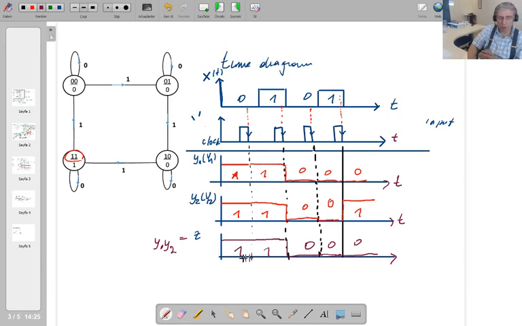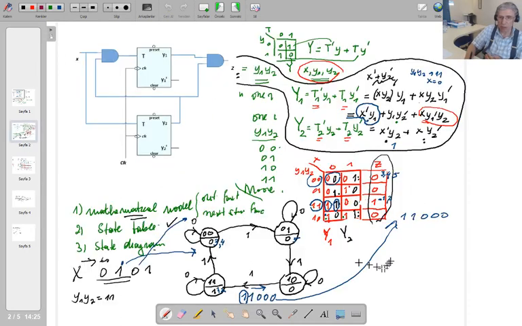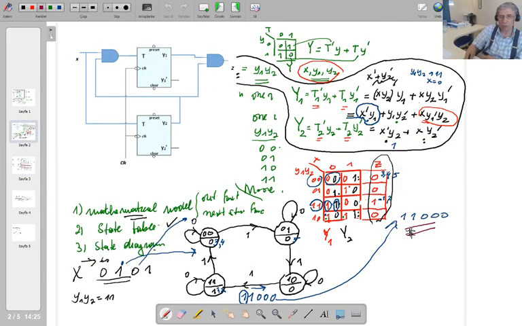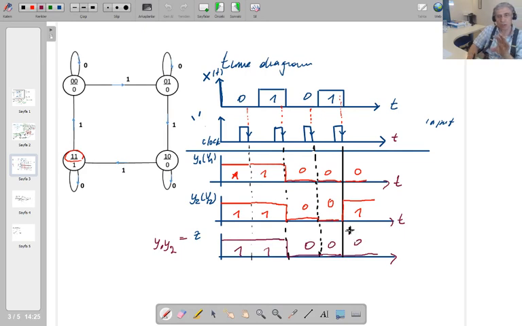How z output function is changing in terms of time, how y1, y2 changing in terms of time. Okay, so the result that we have seen here is the same as we have found here, isn't it? So this one is the state diagram, includes time in it. This one is the output bit stream. There's no time included here. So that has got more information because it shows you which time what change is going to happen.